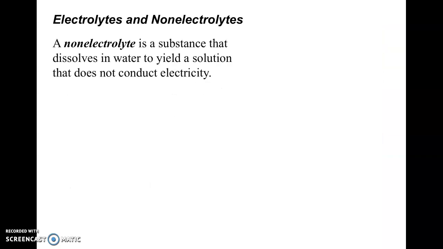So if there are electrolytes, there are obviously non-electrolytes, and so these are things that can dissolve in water, but they do not conduct electricity. And we have an example here of sucrose, or regular sugar. It can go into water solution, as we know if you've ever put sugar into tea or coffee.